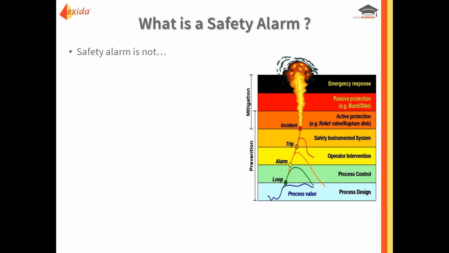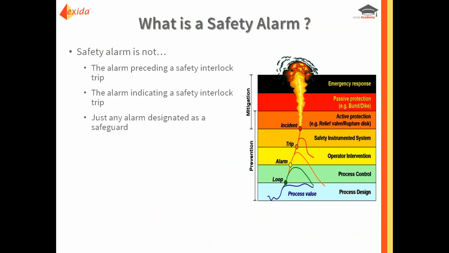So now let's look at another special class that's called out in the standard, and that is a safety alarm. So let's start with talking about what a safety alarm is not. It is not the alarm preceding a safety interlock trip. It is not the alarm indicating that a safety interlock has tripped.